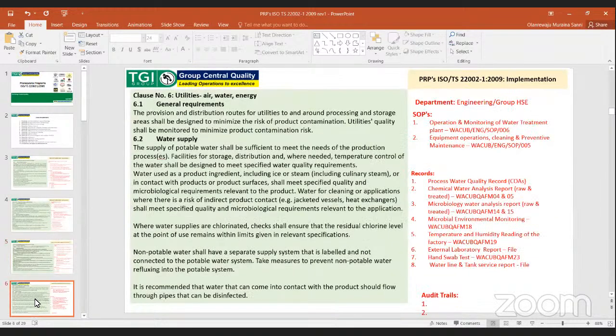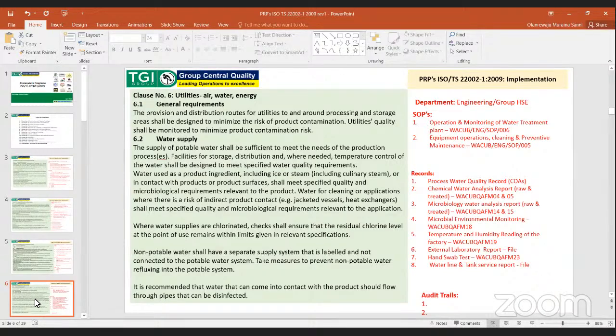Then we talk of utility, that is clause number 6. It's talking about utility, that is air, water, and energy. The requirement, that is 6.5: the provision and distribution routes for utility to and around processing and storage areas shall be designed to minimize the risk of product contamination.